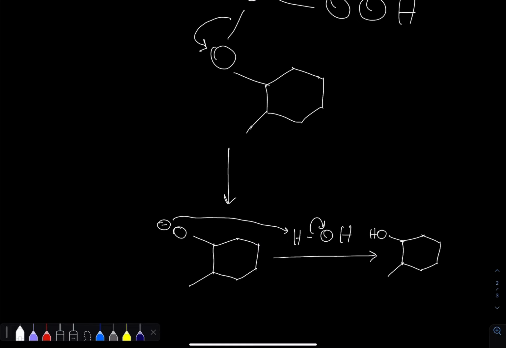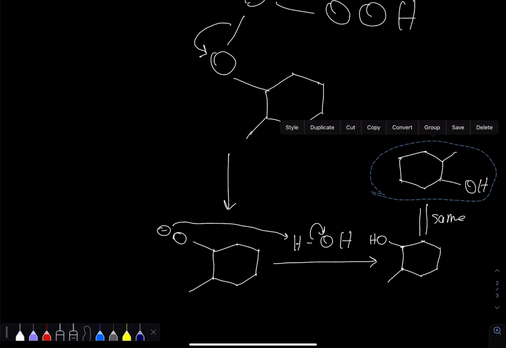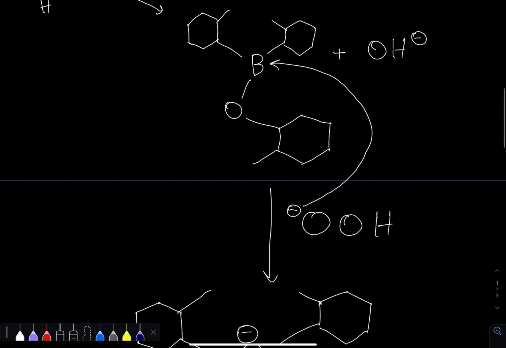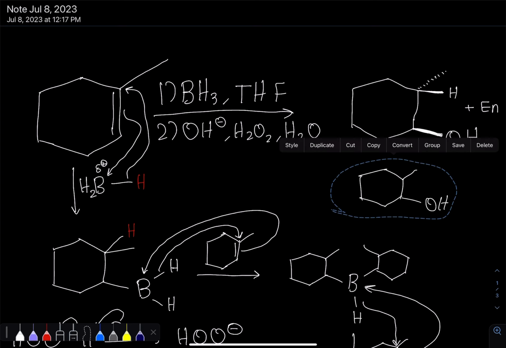So let's take what we just have and rotate it. This is basically equivalent to having this, or you can say having this, if we don't show stereochemistry. If we take this and copy it and go back up and paste it, it looks very similar to what we predicted we would get.